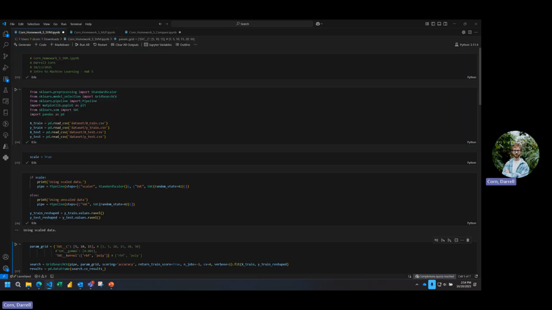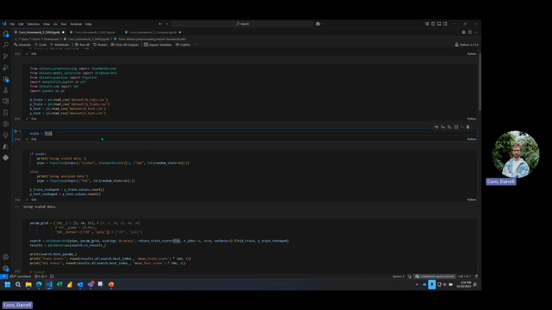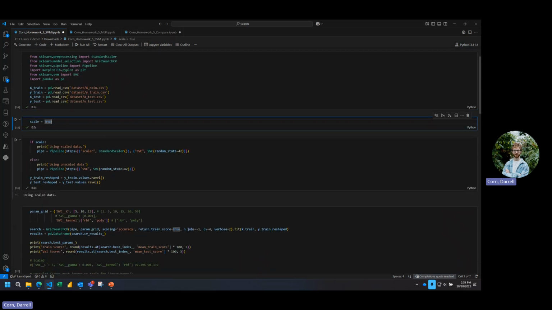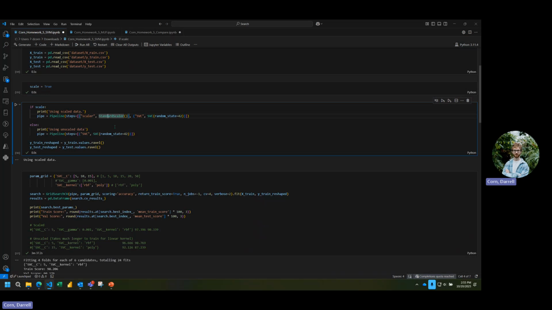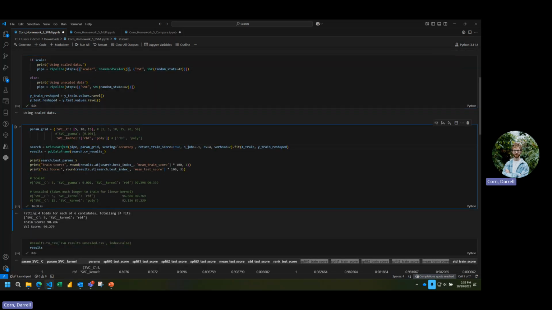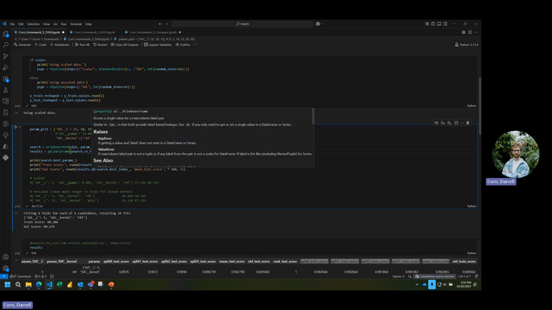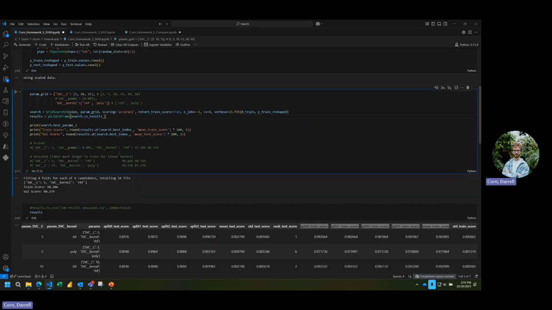We'll start with the code here. This is for training my support vector machine. So bring in the Python packages, bring in data. Here I set if I want to scale my data or not. And then here I'm using sklearn's grid search cross-validation transformer to find different parameters for my classifier.